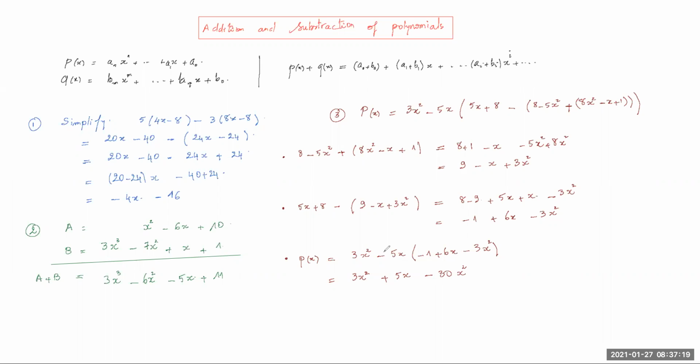Then here, minus and minus is plus, 5 times 3, 15, x times x^2 is x^3. Now I can organize my terms. We don't have any constant finally. If I want the highest degree, I can start with x^3. Degree 2, I have minus 30 plus 3, so it will be minus 27x^2 and plus 5x. And here is my final answer.